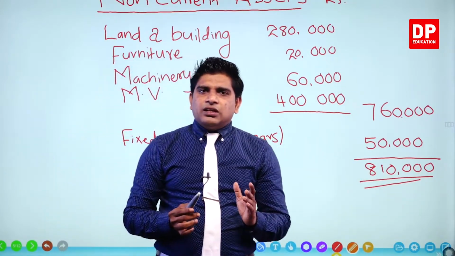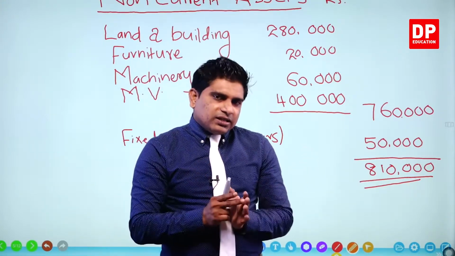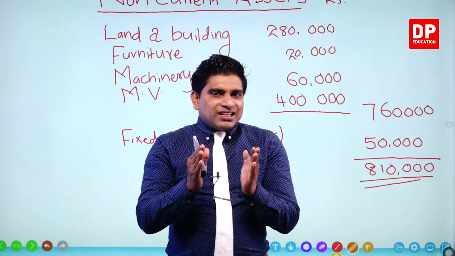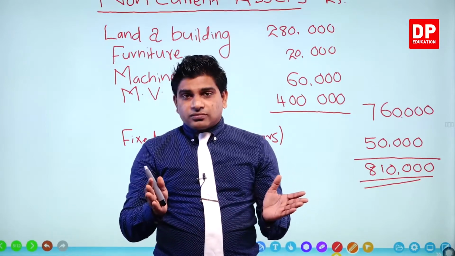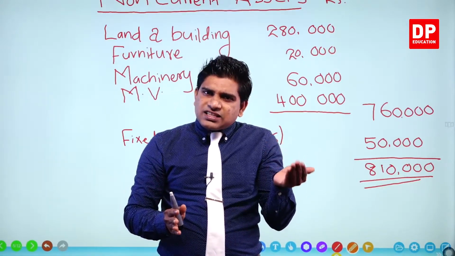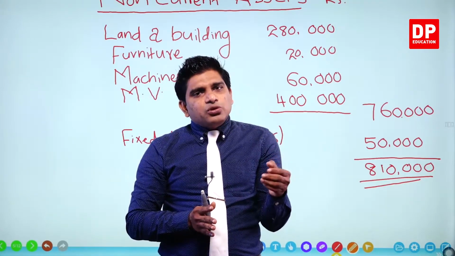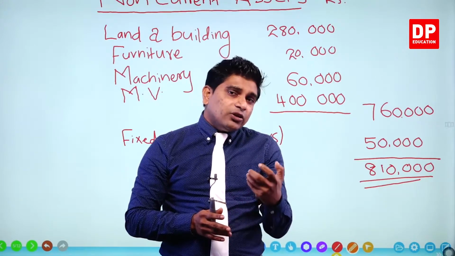Now you have a doubt. Why do we record fixed deposit separately? Remember this. Non-current assets we can classify again into two main categories: tangible assets and intangible assets. Tangible means you can see them. Physically you can see, physically you can touch.